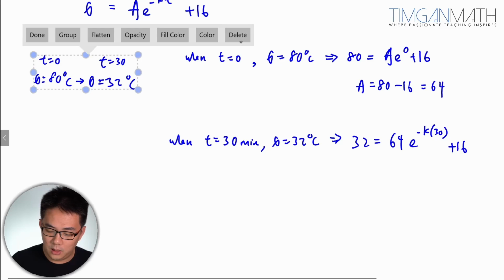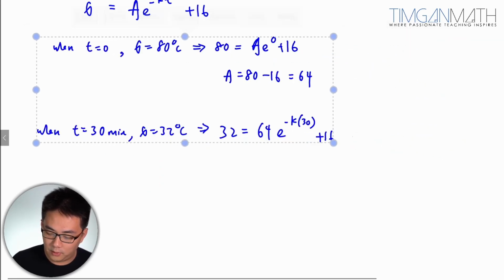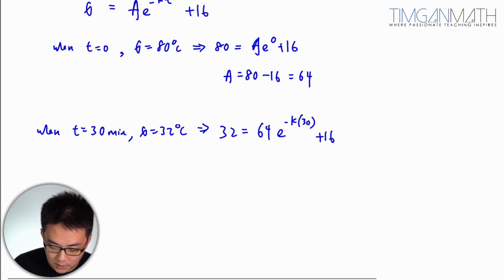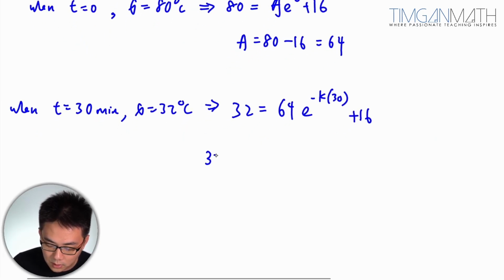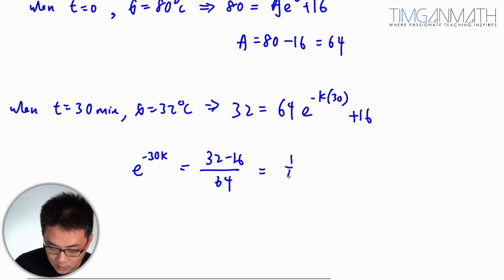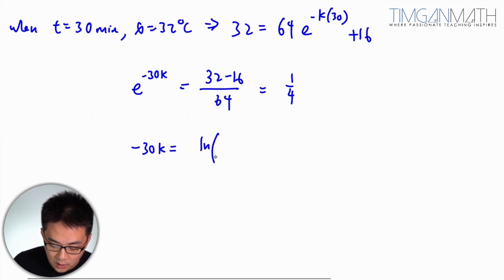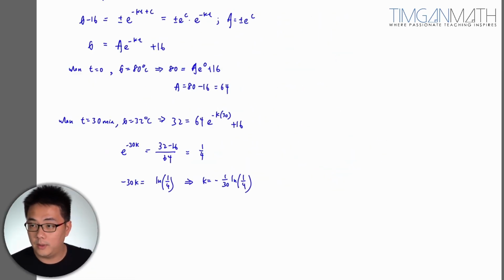Once this is done, what we need is actually just to solve for our k. So e to the minus 30k will just be 32 minus 16 over 64, which is actually 1/4. After which we're just going to ln both sides. I'm just going to leave it as minus 30k equals ln 1/4, and basically k is minus 1 over 30 ln 1/4.